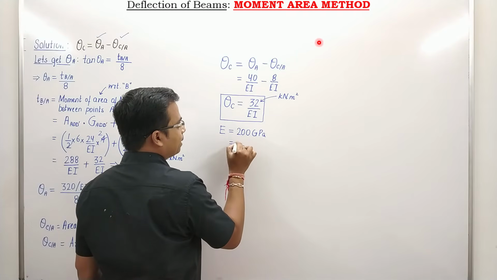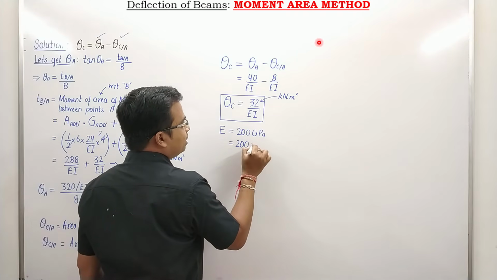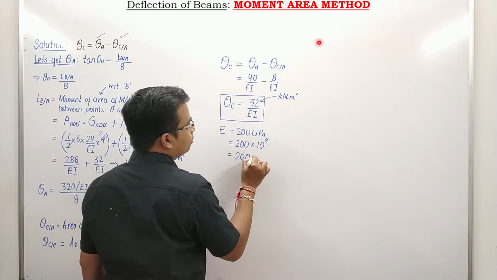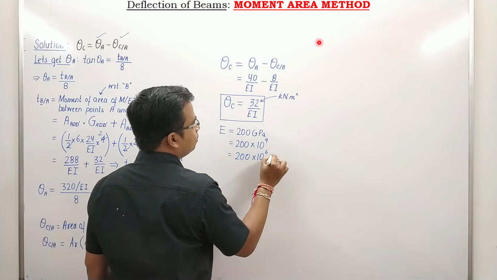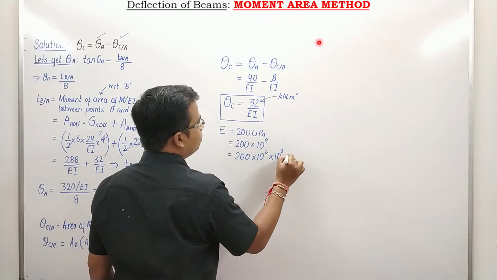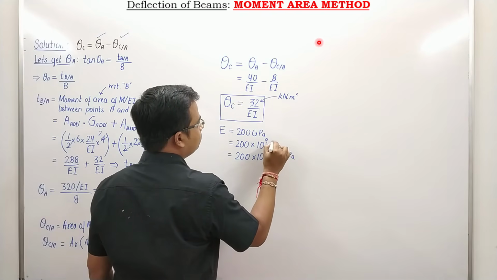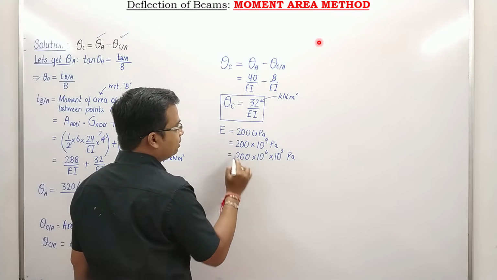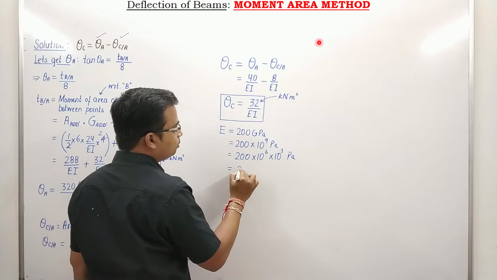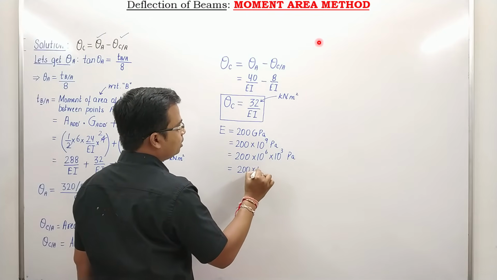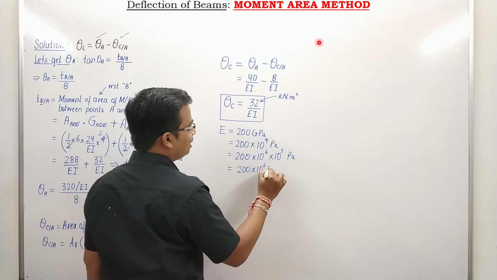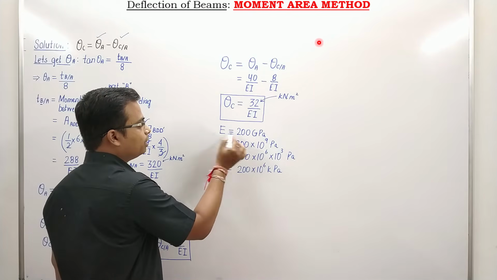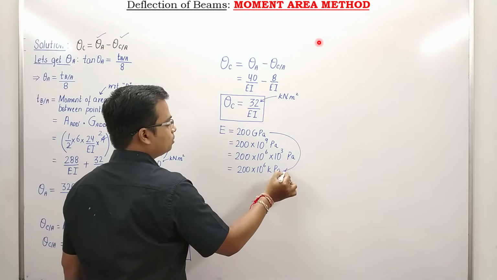Don't panic. 200 into 10 raised to 9 pascals, which is 200 into 10 raised to 6, 10 raised to 3 pascals. What I'm basically doing is converting gigapascals into kilopascals. So this is essentially 200 into 10 raised to 6 kilopascals. Done. E has been converted.